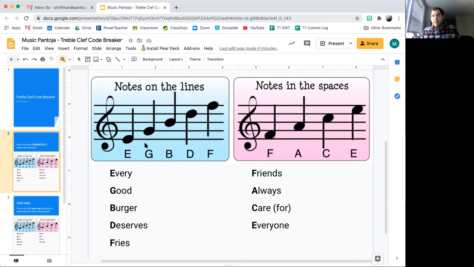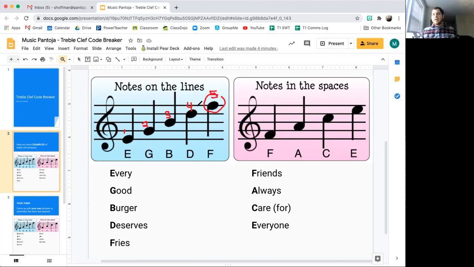And by remembering that sentence, I can tell what any line note is. So let's say, for example, that I have here a line note in front of me, and I know it's the fifth line note up. I've counted 1, 2, 3, 4, and 5.